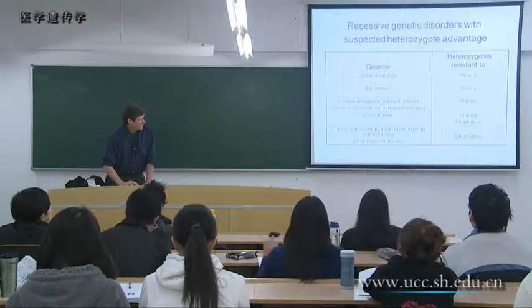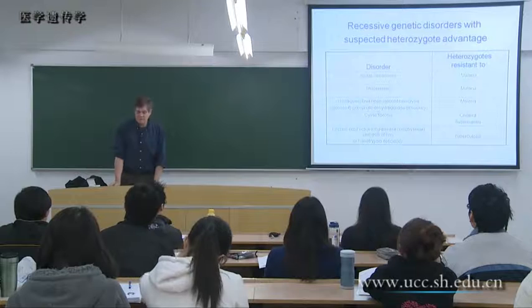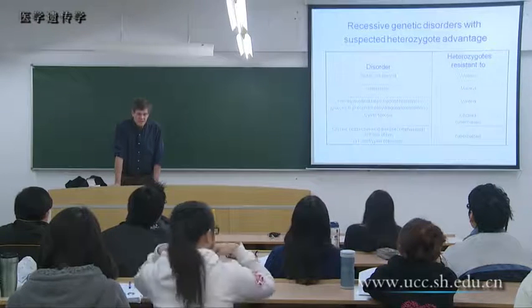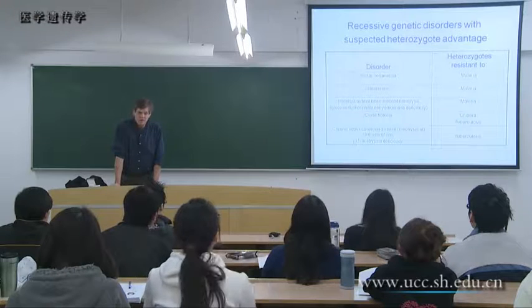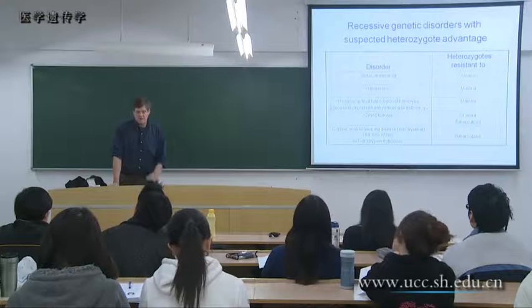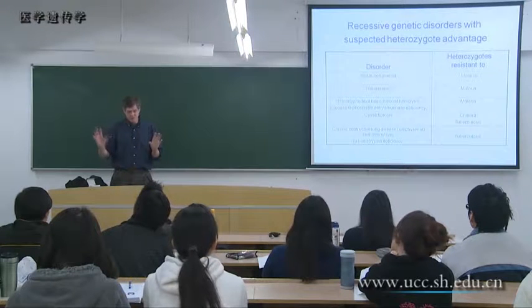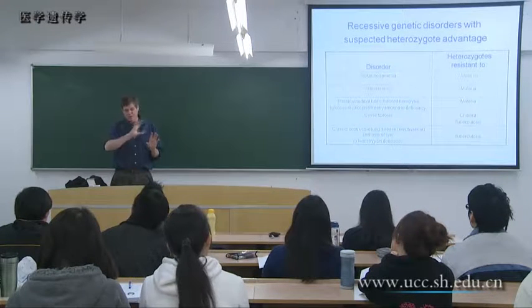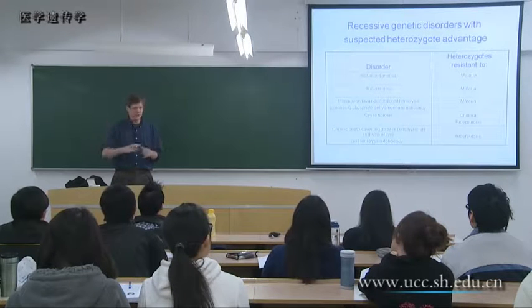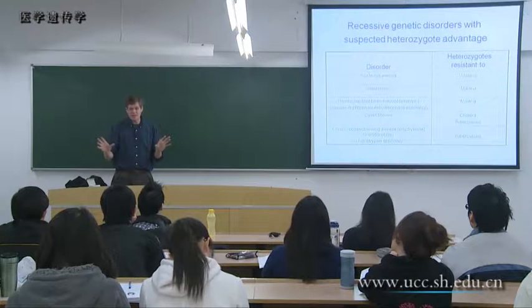This disease, by the way, is found at very high frequency among the so-called Ashkenazi Jewish population in Northern Europe. These are a group of Jewish individuals who live in Germany and German-speaking parts of Poland and Czechoslovakia. And together, this is called the Ashkenazim.